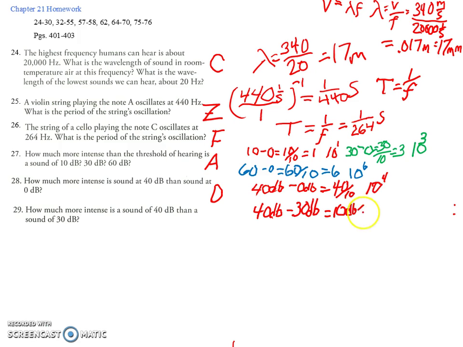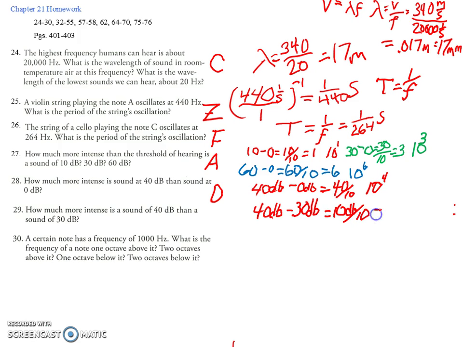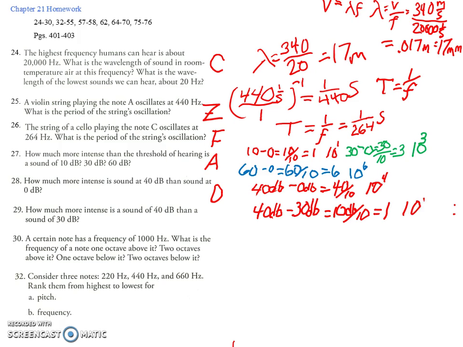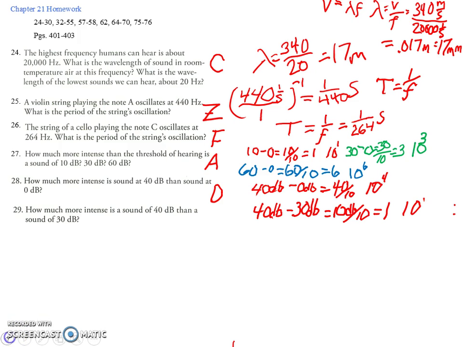Divide that by 10. That, of course, equals 1. So it will be 10 to the 1st. And then the answer to 29 will be S, as in Sam.